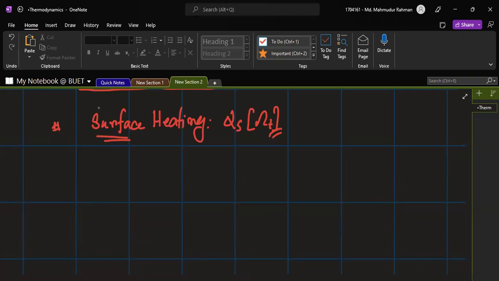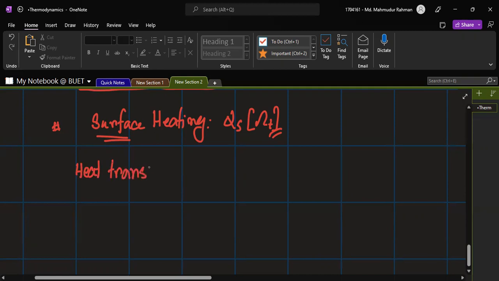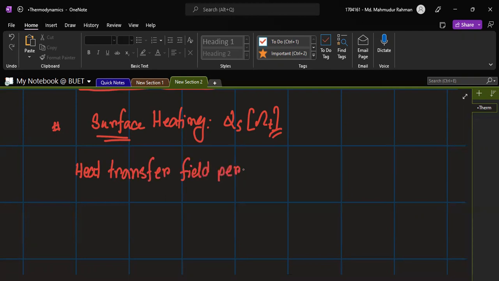So we're going to associate another field, called the heat transfer field per unit area, h of x, t, which belongs to the real space R.